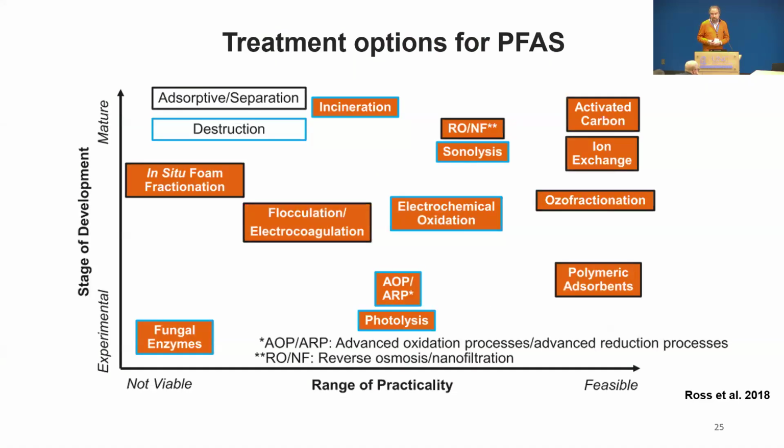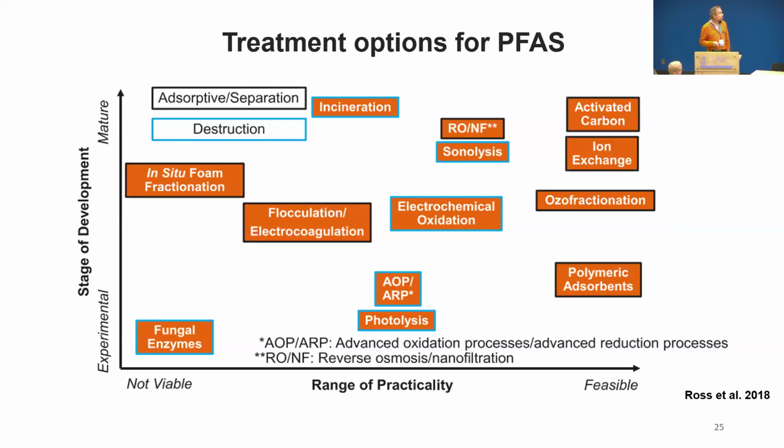I'm here to talk about treatment, and this chart provides some options for treatment. Boxes that are encased in black are concentrating technologies, so they remove PFAS from water, but they don't destroy the PFAS. Boxes surrounded by this Carolina blue are destructive processes, so they actually destroy the PFAS.